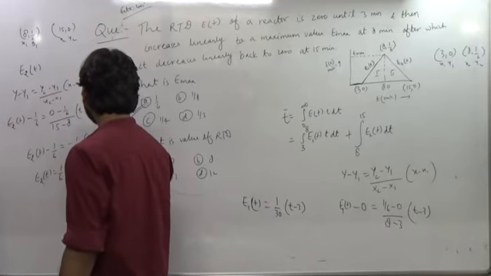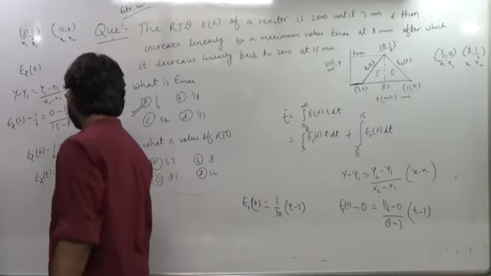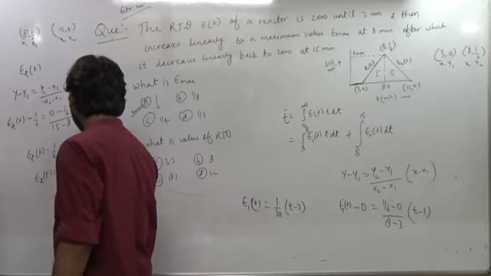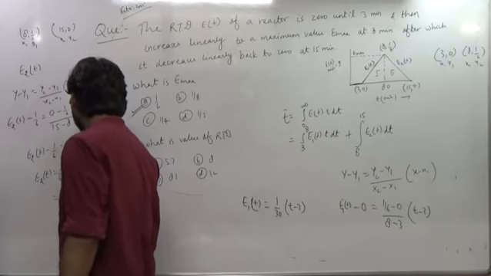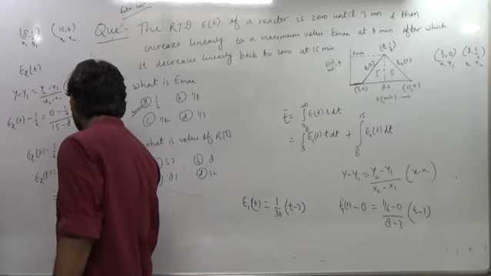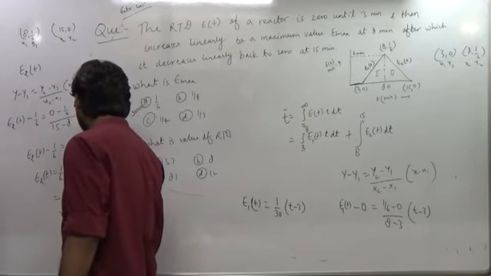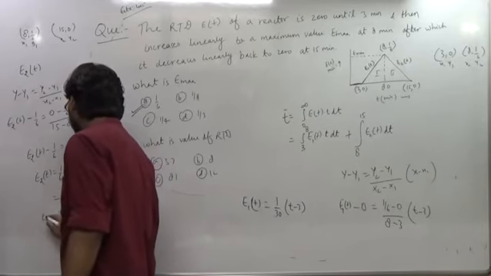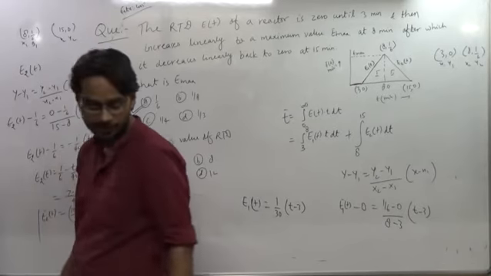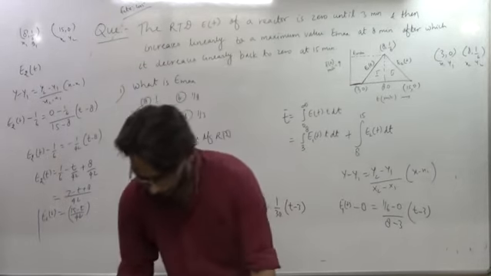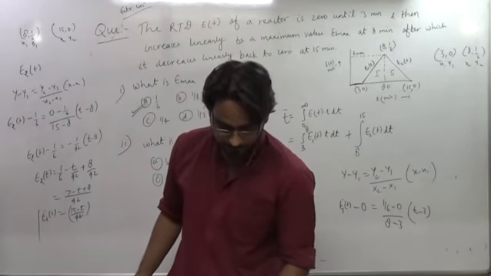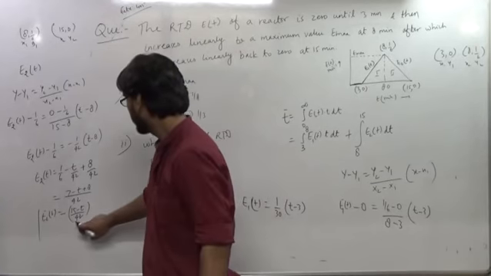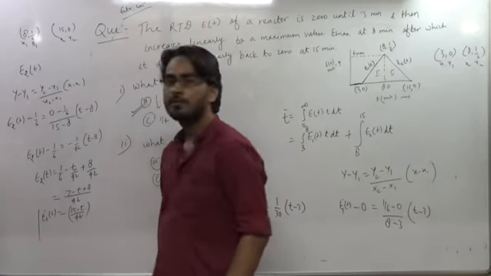Now we add these two. So we can write 15 minus t divided by 42. This is the e2(t) value we have, that is 15 minus t divided by 42.